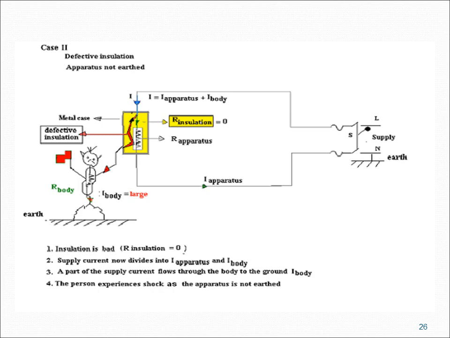A part of the supply current flows through the body to the ground. The person experiences a shock as the apparatus is not earthed. Because the insulation resistance is zero due to the bad insulation, current flows through the human body, so the human body will get a shock.